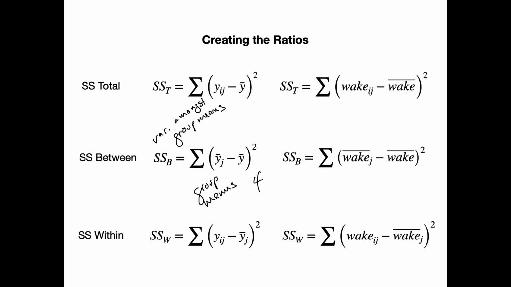What that's telling us is the within represents the variability within a group, or variability around group means. If you remember, sum of squares within gives us our estimate of sampling variability.